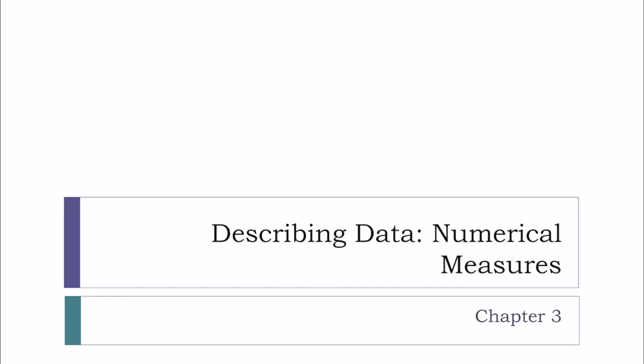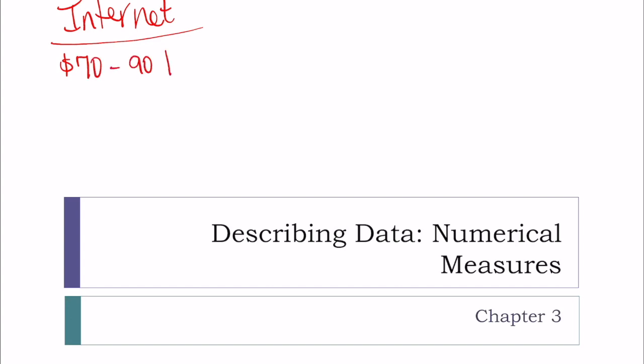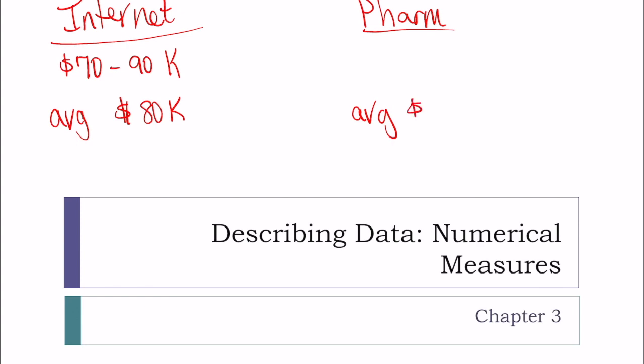Let me give you an example really quickly. Maybe we took executive salaries for some internet companies, and we found that they ranged from 70 to 90,000. We're also told that the average is 80, so that's what the average person makes. Then we compare that to the pharmaceutical companies and their executives, where the average salary is also 80,000.